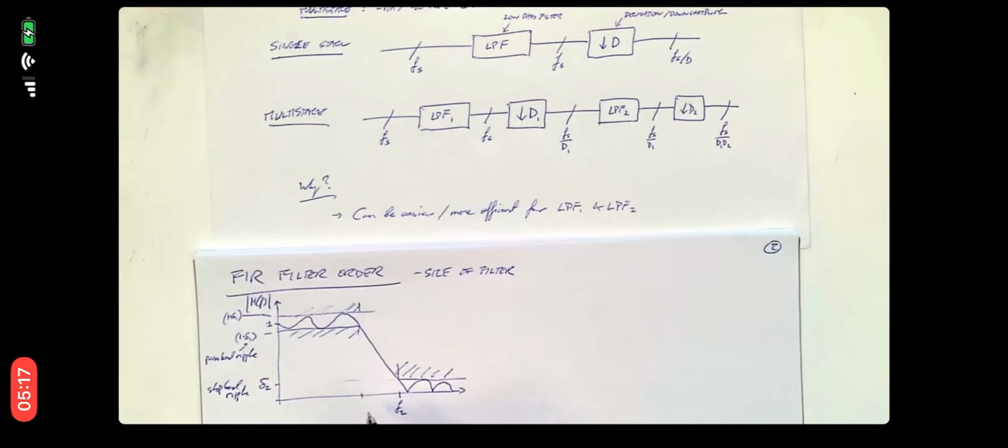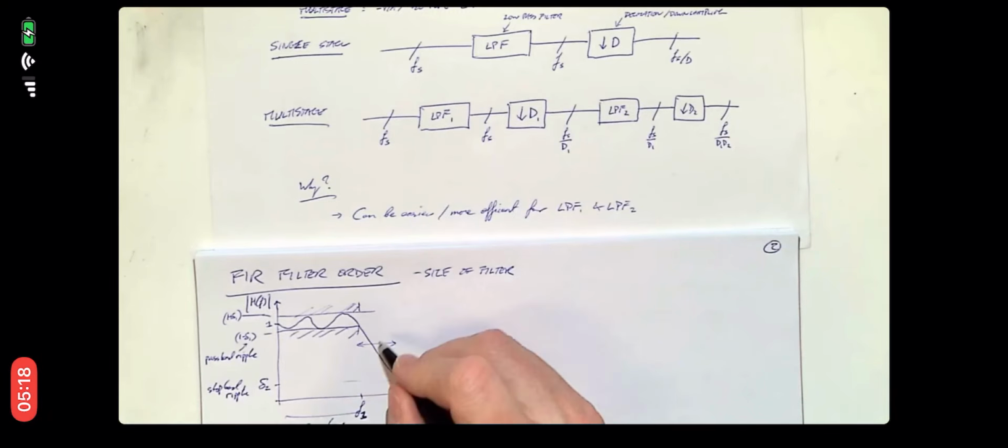We've got our pass band edge F1, so F1 is our pass band, F2 is our stop band. And then this gap here is our transition band.